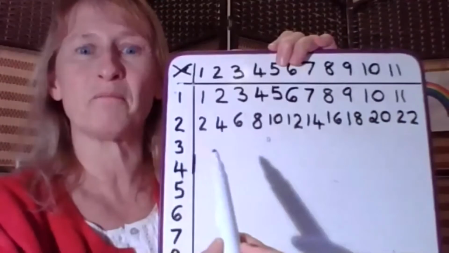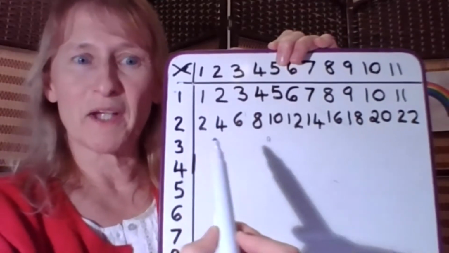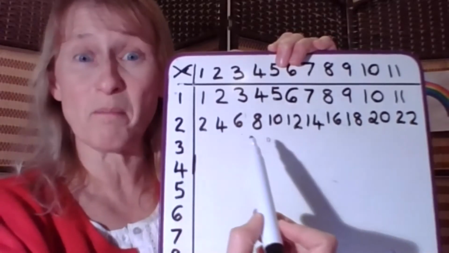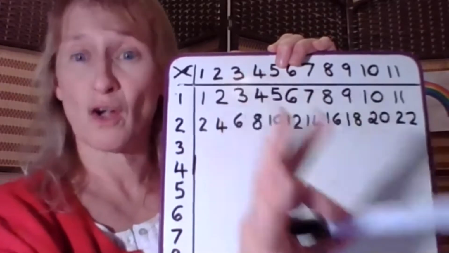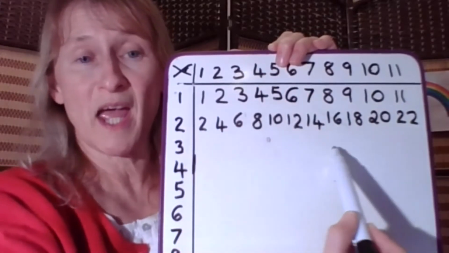It's really important that you take your time and you write a very straight row across. If you want to draw a very pale line, go for it, because the 3s have got to be very carefully on that next row. So the 3s are 3, 6, 9, 12, 15.